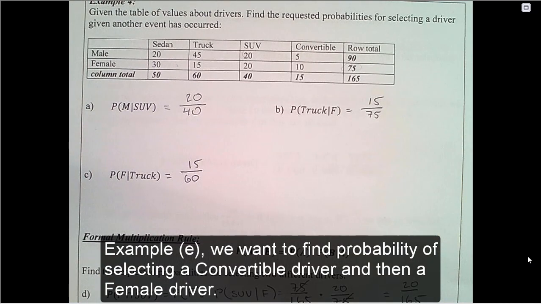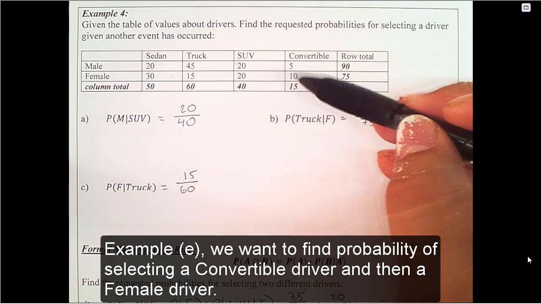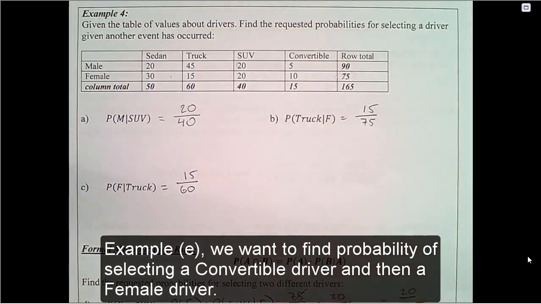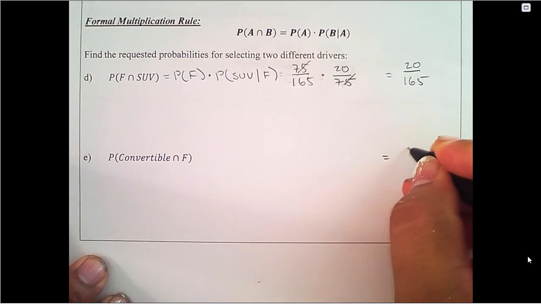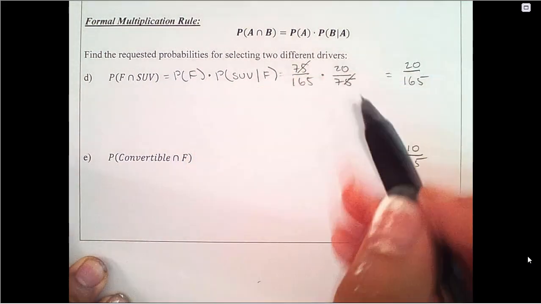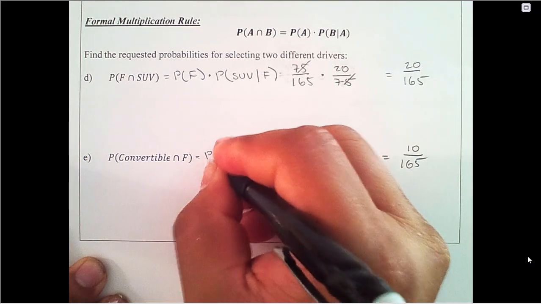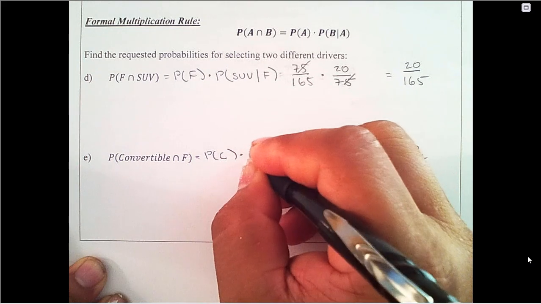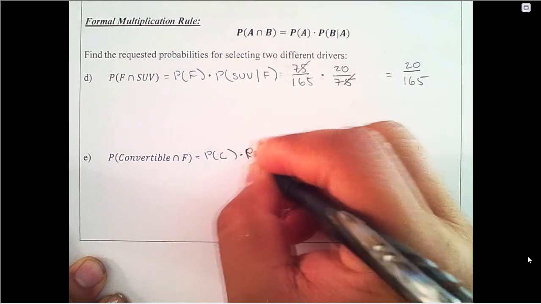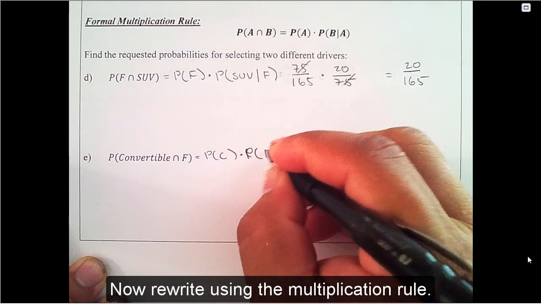Example E, we want to find probability of selecting a convertible driver and then a female driver. Now rewrite using the multiplication rule.